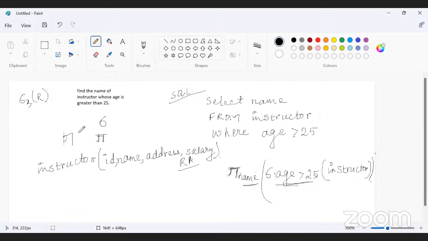If you convert this into relational algebra, this is the structure: pi, sigma, and under the sigma we put the condition, age greater than 25, and we extract this information from the instructor.